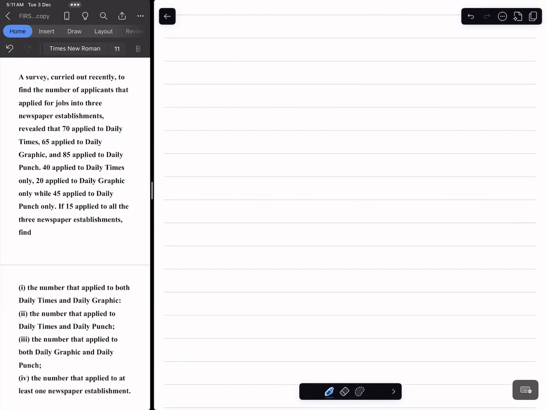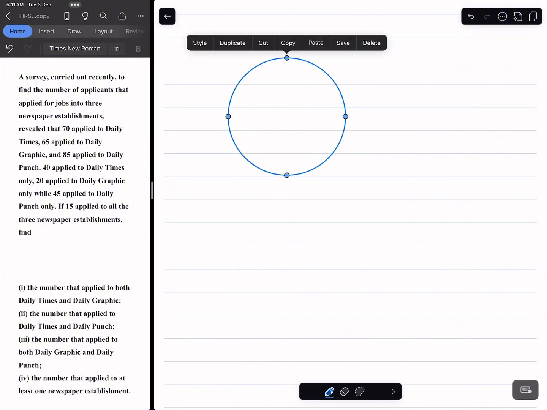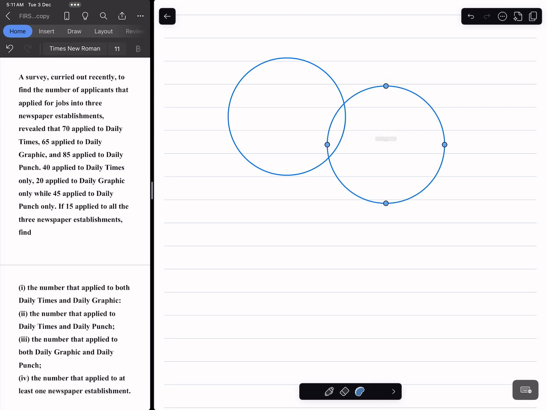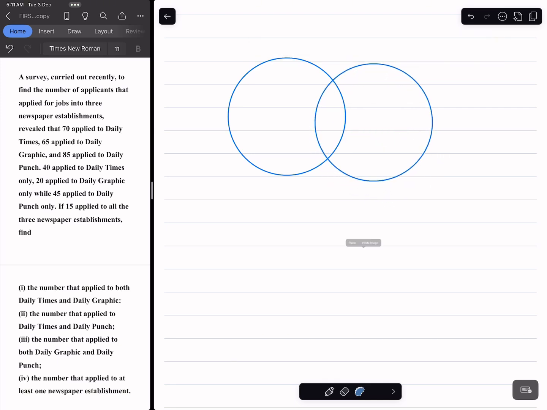A survey carried out recently to find the number of applicants that applied for jobs into 3 newspaper establishments revealed that 70 applied to Daily Times, 65 applied to Daily Graphic, and 85 applied to Daily Punch. So let's have that. 70 applied to Daily Times. Let's put all of them there.